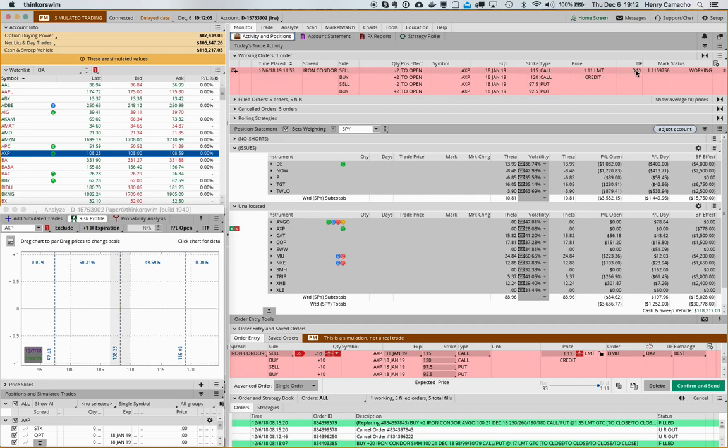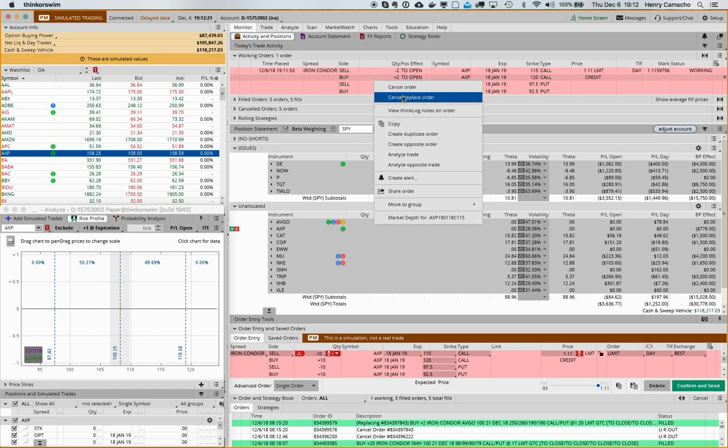Now notice I have this set for a day expiration, basically time until it's canceled. I normally want to do this good till close or good till canceled. Depending on if I want it to get into it, I may keep this open just in case, or I might want to close it out during the day.